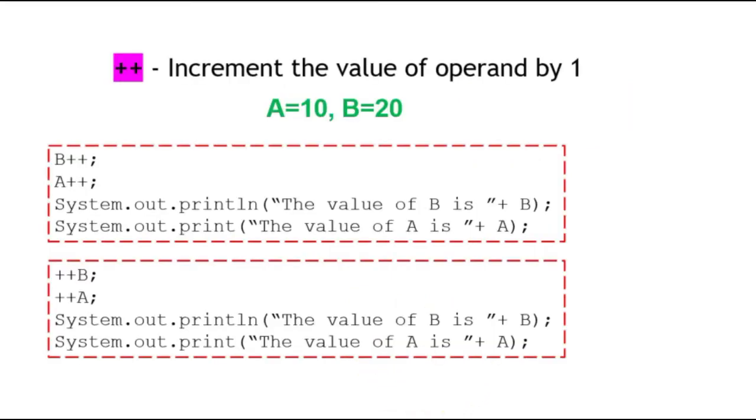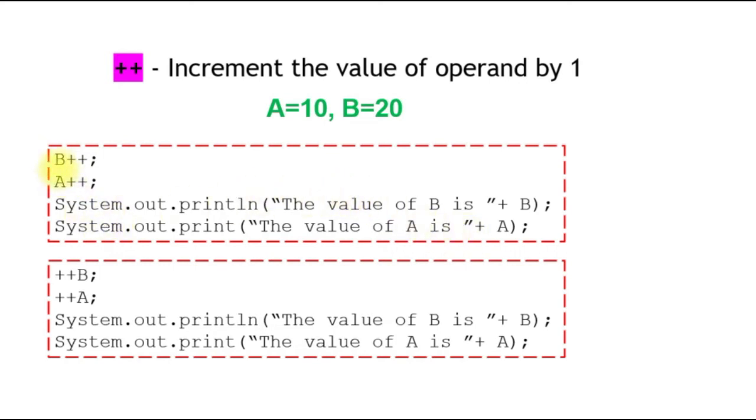So increment operator is used to increment the value of operand by 1. Assume that A is equal to 10 and B is equal to 20. So dito yung code na may red na borderline is a sample Java code na evaluate natin. Okay?